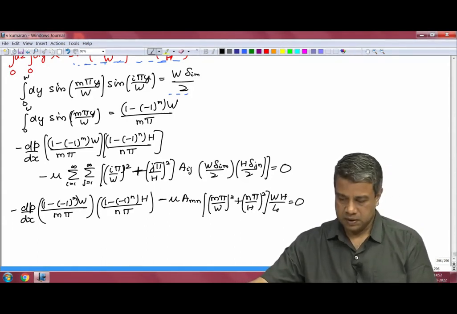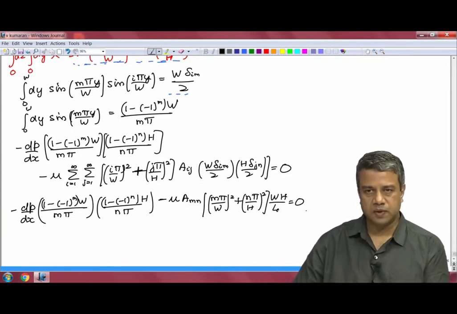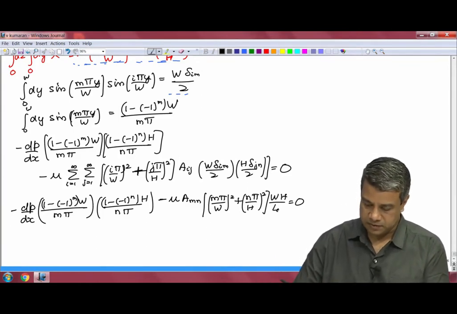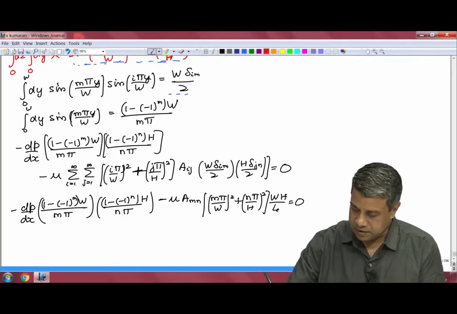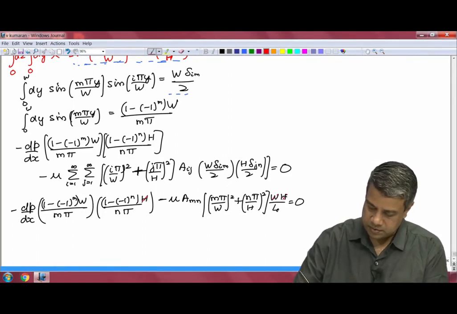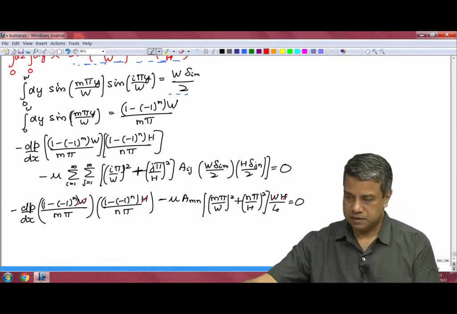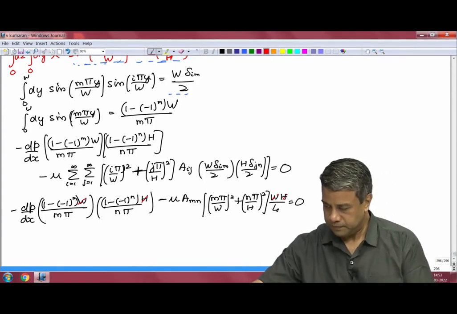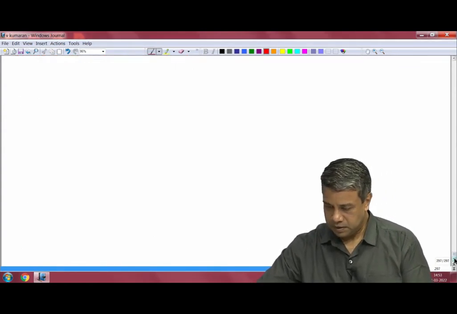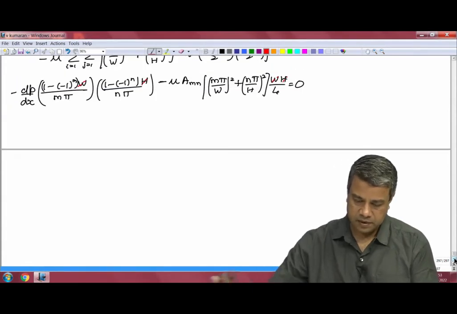Just substituting here, w by 2 times h by 2 gives me w h by 4, and these w and h you can see will cancel out on both terms, because these just arise from the integrals. And finally, I get an expression for A m n.